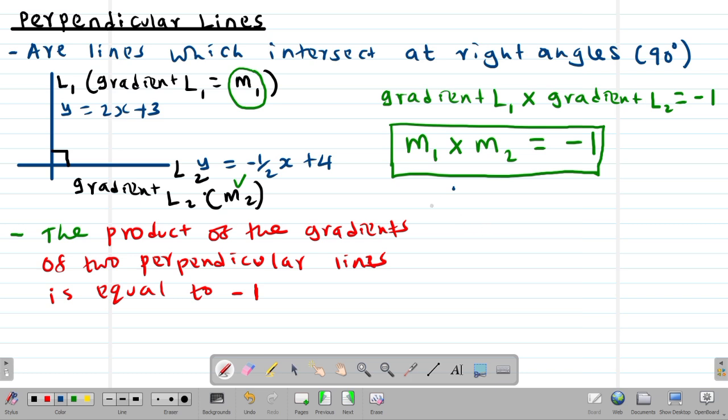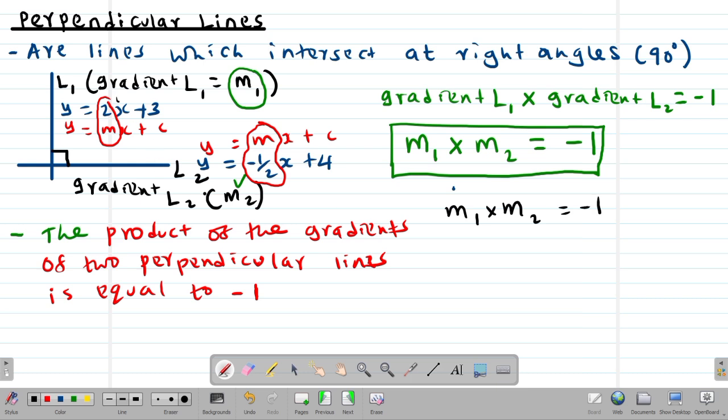So you can see that the gradient of the first line, if we compare it to the general form y = mx + c, will be +2, whereas the gradient of the second line will be -1/2.